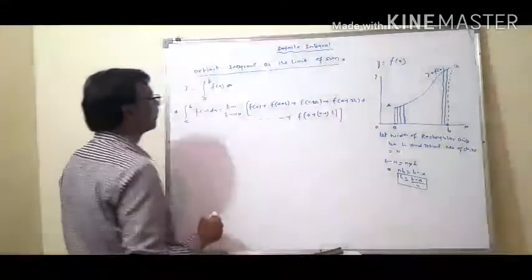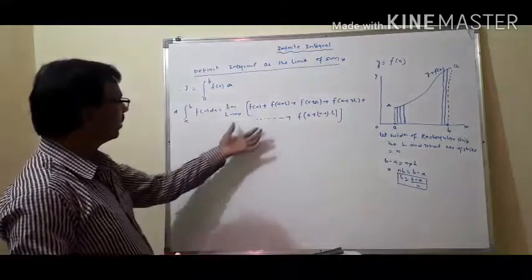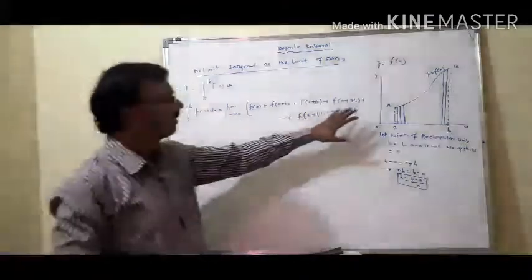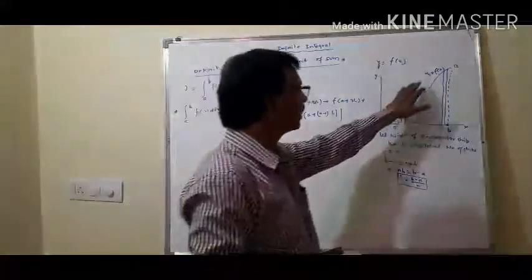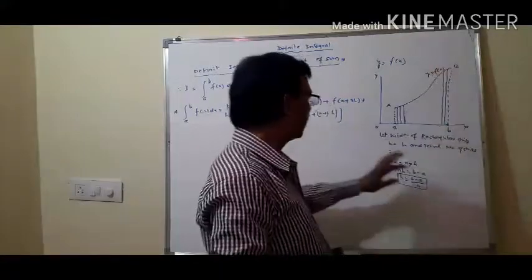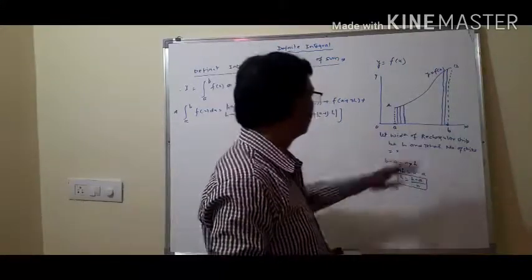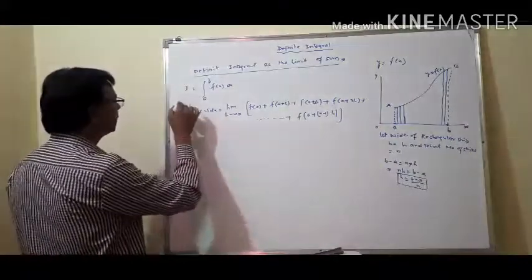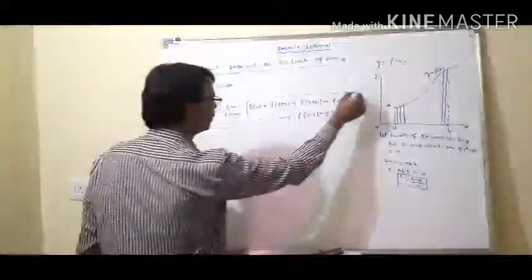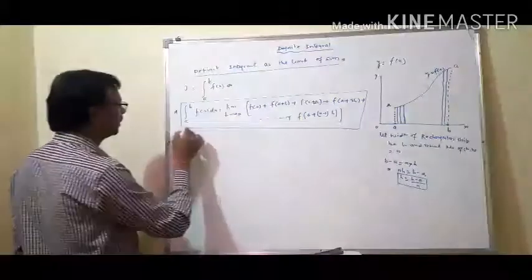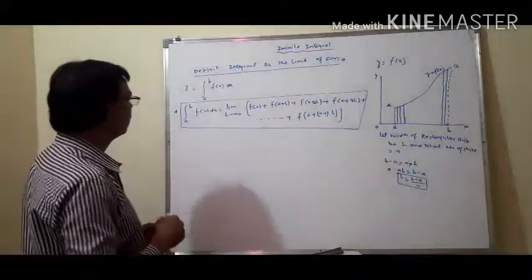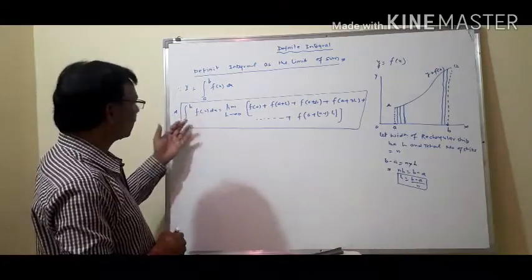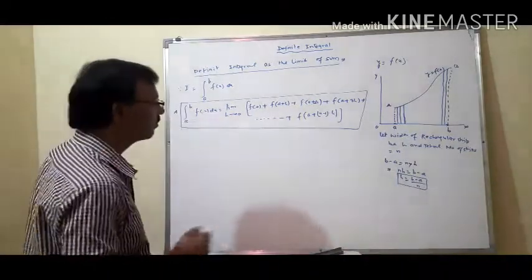This is the actual formula for finding the whole area of the region under the curve y equal to f of x from a to b. We can use this formula to find the integration of f of x dx from a to b.